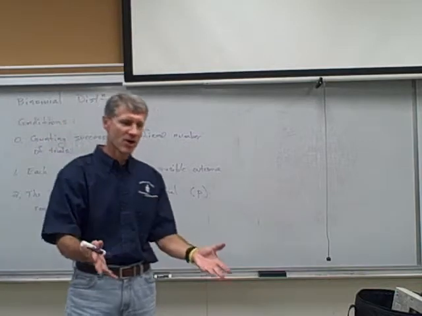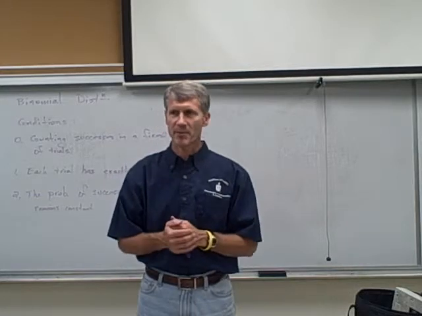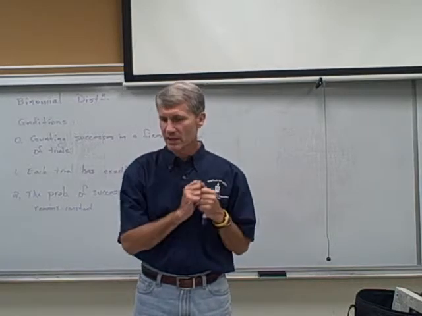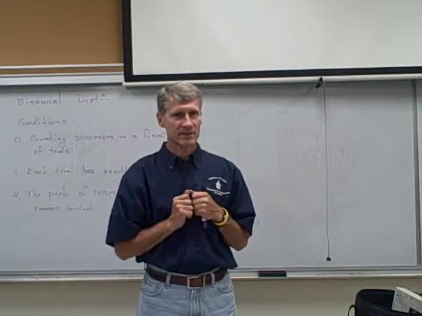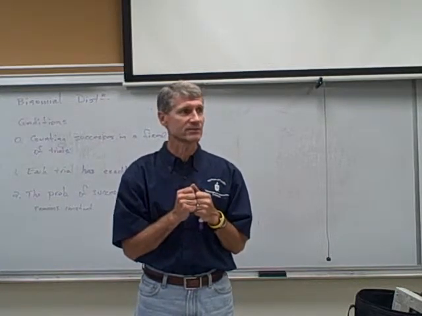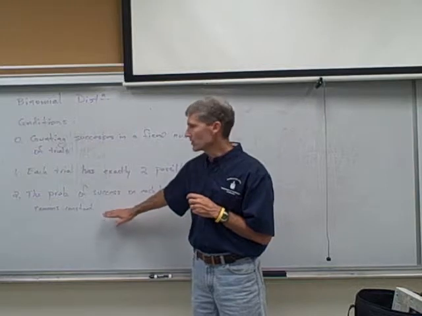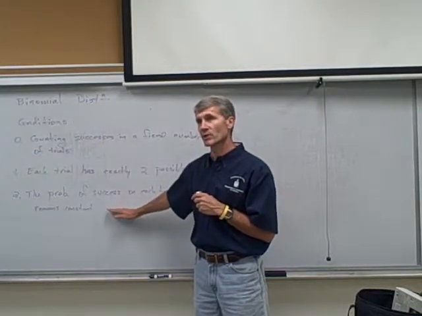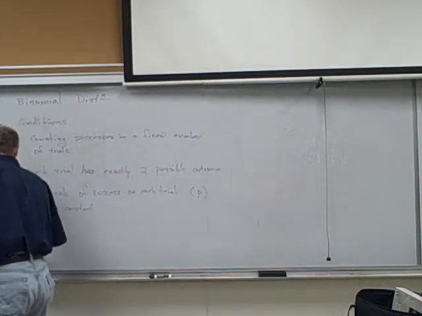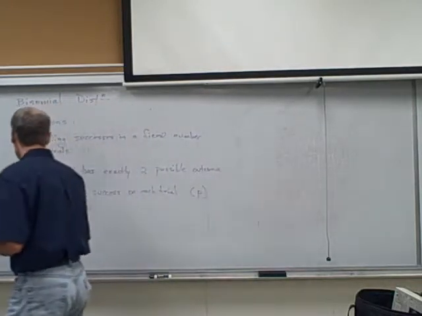But if I'm sampling from cards without replacement, the first time I deal a card, the probability of getting a red card is 1/2, 26 out of 52. But then on the second card, if I sample without replacement, I don't have as many red cards still in there, so the probability now changes. So that would violate that condition. And usually this comes down to the question, are you sampling with replacement or without replacement? The third one is mathematically equivalent to the second, and that's that the trials are independent.